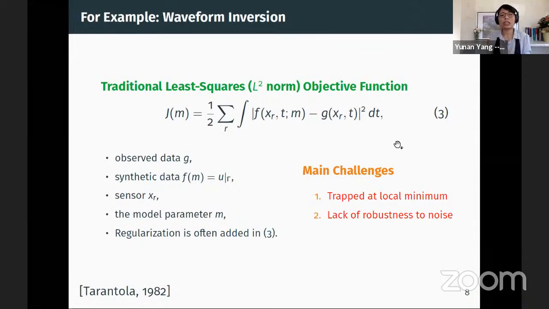So those are certain challenges. Although I was motivated by the wave equation-based inversion, I believe such challenges really persist in many different nonlinear inverse or nonlinear fitting problems, including machine learning, including EIT, and including Boltzmann-based inversion.